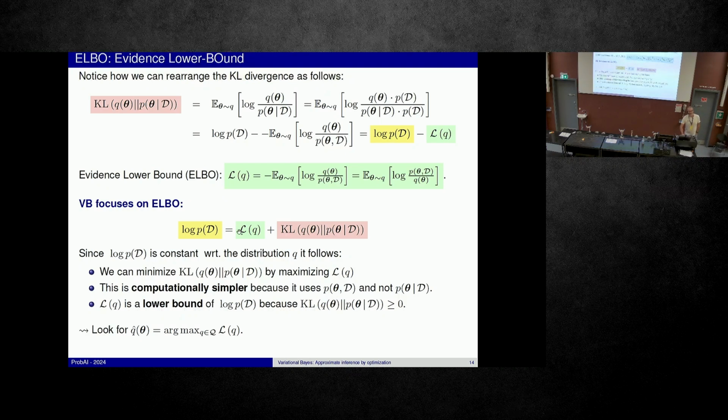The value of the ELBO is, of course, not the same as the value of the Kullback-Leibler, but the argmax of the ELBO maximization is the same as the argmin of the Kullback-Leibler minimization. Okay? So I can maximize this guy and be proud of my result, because that is the same Q as the one that would minimize the Kullback-Leibler that I set out to minimize in the first place.